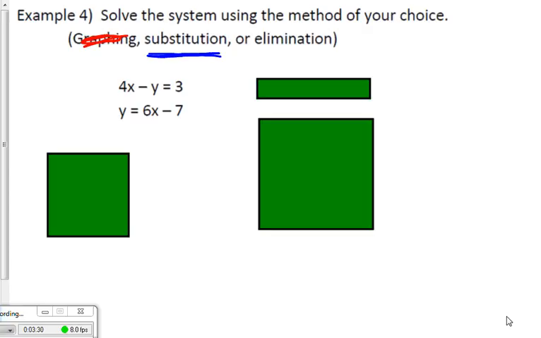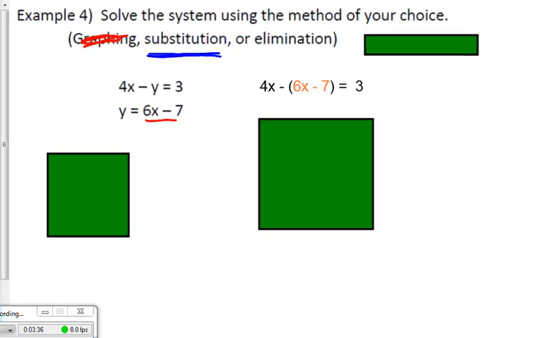If I'm using substitution and plugging in this piece every time I see y, I go back to my top equation and say instead of 4x minus y equals 3, I say 4x minus (6x minus 7). That whole chunk is being plugged in.